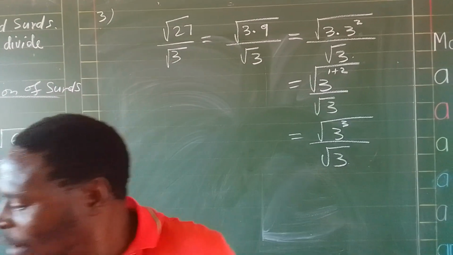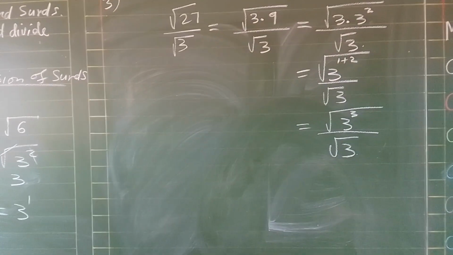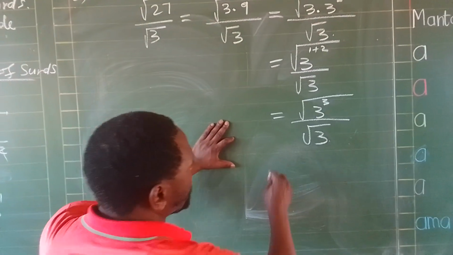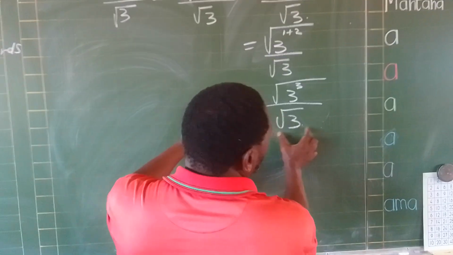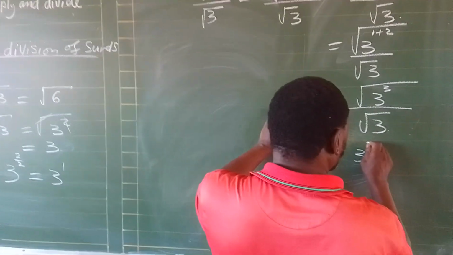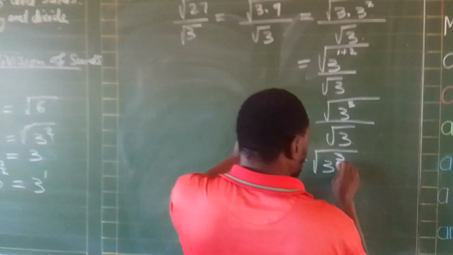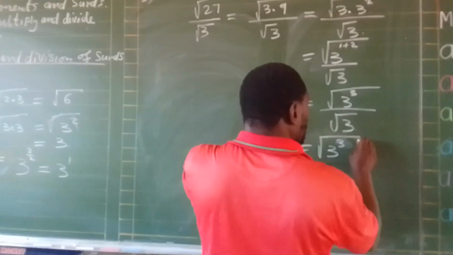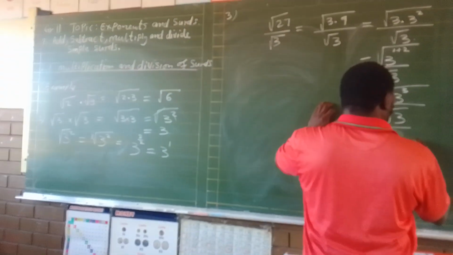Now, taking this backwards, upwards, you are going to take the square root of 3 upwards. You say it's 3 square root of 3.